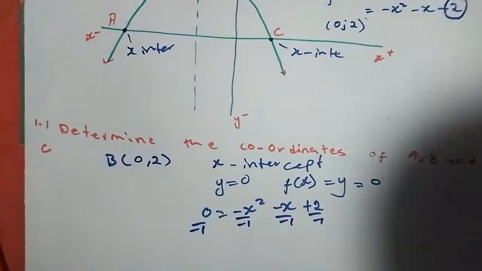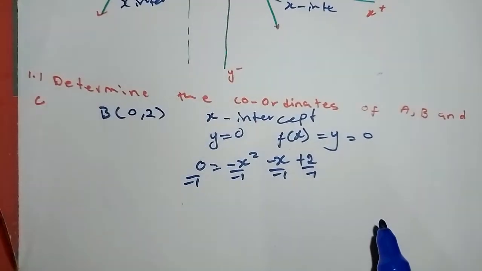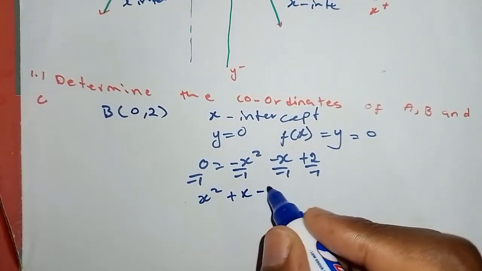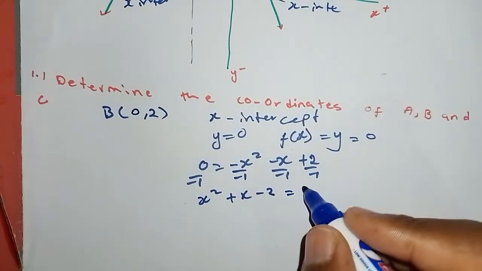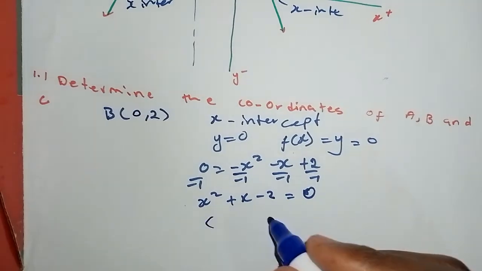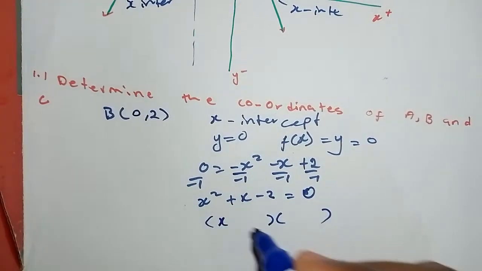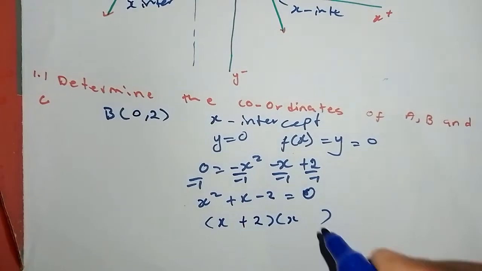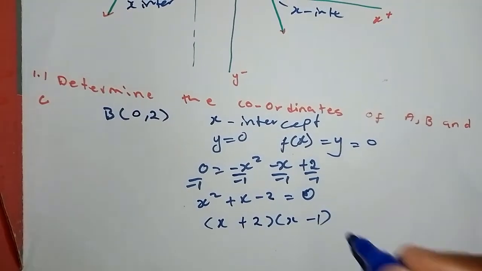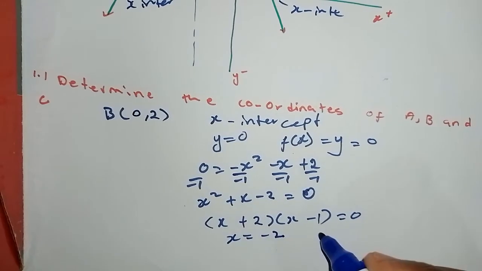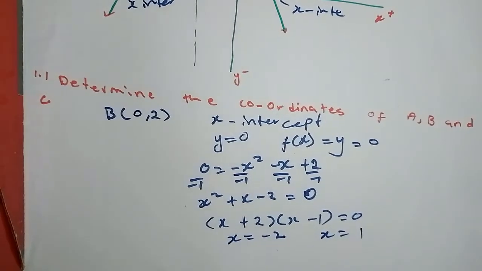What you do on your left-hand side, you must also do on your right-hand side. Then I'm going to have x squared plus x minus 2, which equals 0. Then factorize this. What are the factors? (x + 2)(x - 1) = 0. Then x = -2 and x = 1.